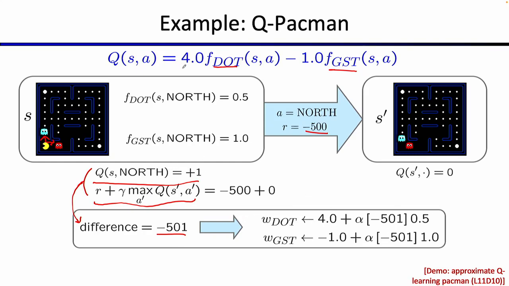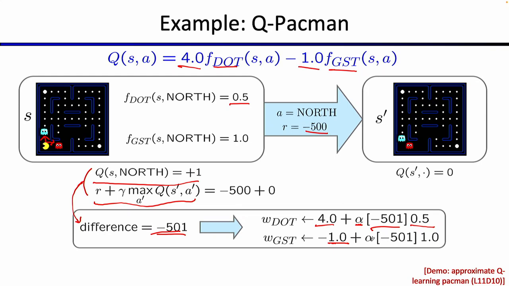So the feature weight was 4 before. We incremented it by learning rate times the difference times the value that this feature has in the state. And similarly do that for the ghost.